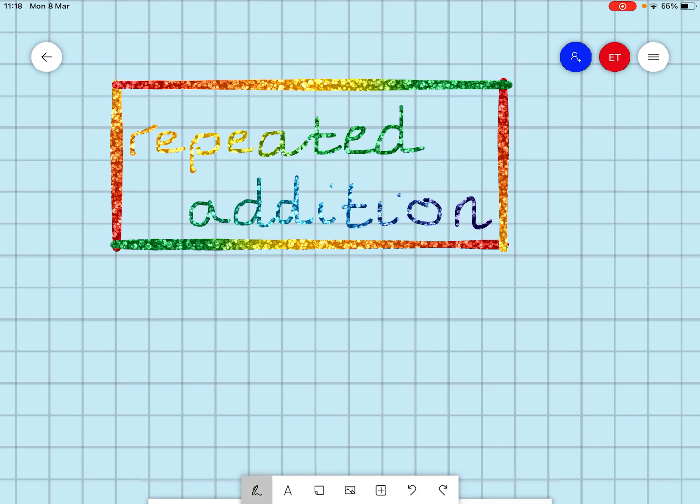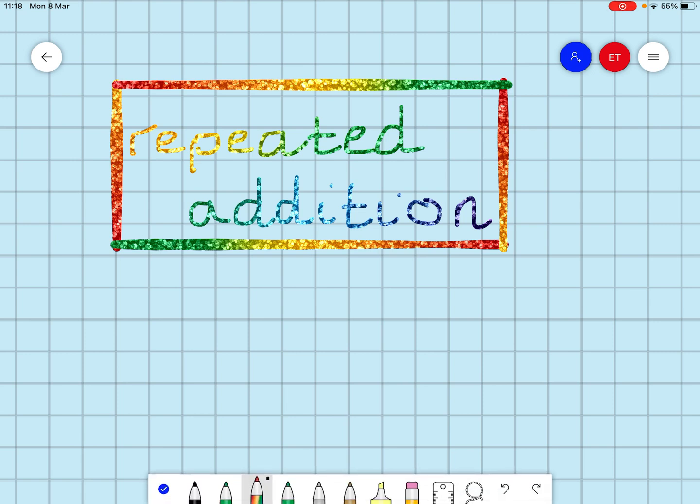Remember, when we multiply, the number is going to get bigger because we're multiplying that number by a certain amount. So if we took, for example, let's just start simple, 2 times 3, that is the same as doing 2 add 2 add 2, because it is 3 lots of 2.